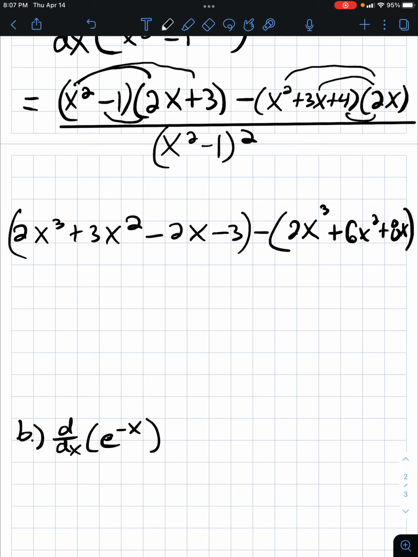Remember this is a negative, so let's change our signs real quick. We get negative 2x to the third, negative 6x squared, negative 8x.